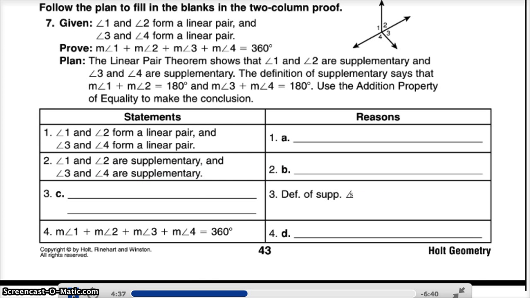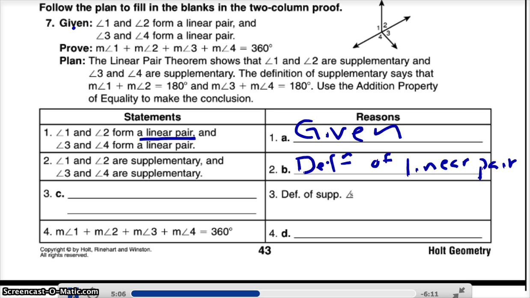Okay, next example. Angle 1 and angle 2 form a linear pair, and angle 3 and angle 4 form a linear pair. That was given to us. That was right here. So that's given. Angle 1 and angle 2 are supplementary, and angle 3 and angle 4 are supplementary. The reason we know that is because they are a linear pair, so definition of linear pair.